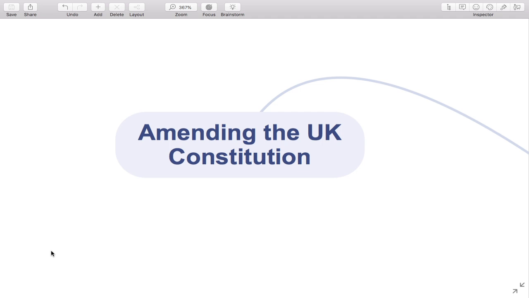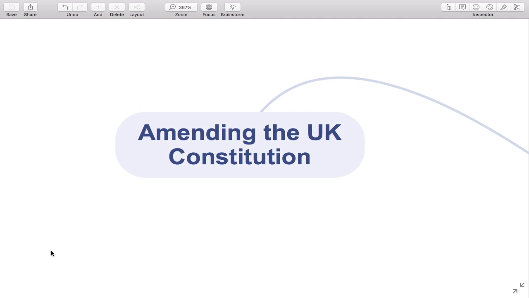It should be worth noting at the outset that the UK Constitution is relatively unique in terms of its structure. As noted in the previous study lesson, the UK Constitution is what we describe as uncodified. What we mean by uncodified is that it does not exist in a single document. It is not written all down in one place.